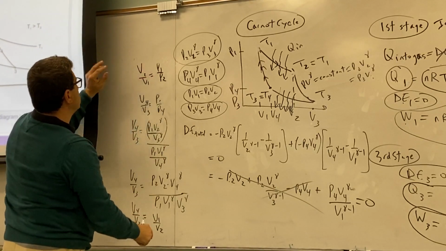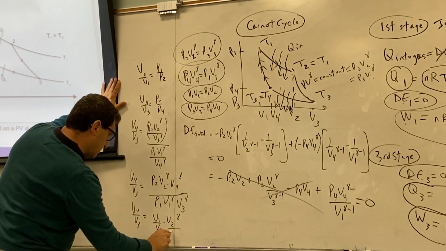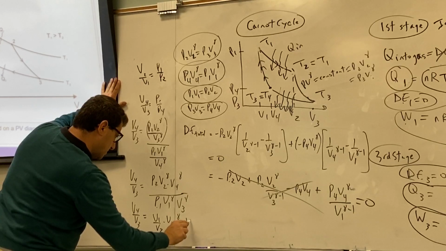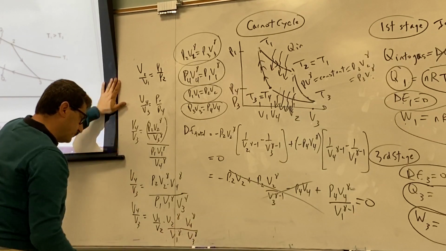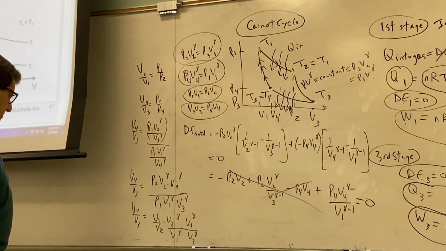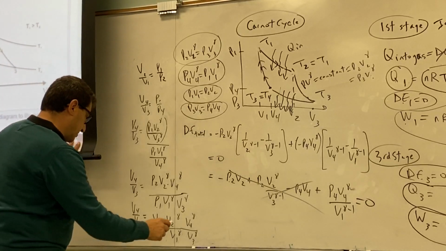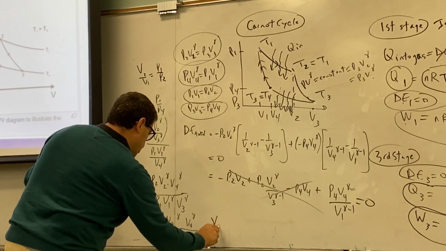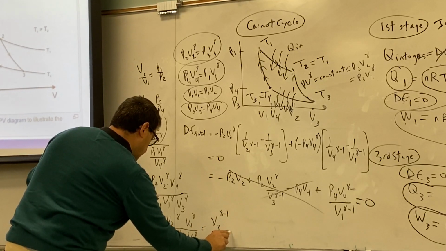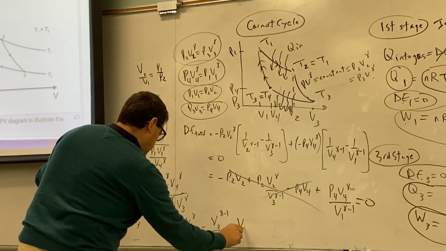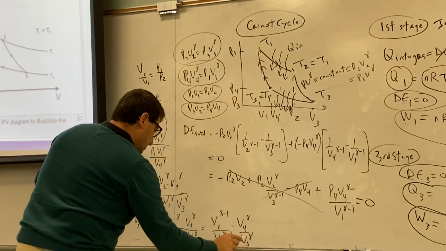V2 over P1 is gonna be V1 over V2. Oh, okay. To the gamma minus 1, V2 to the gamma minus 1 over V1 to the gamma minus 1, V4 to the gamma minus V3 to the gamma.